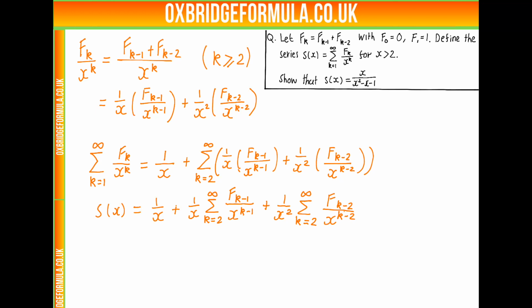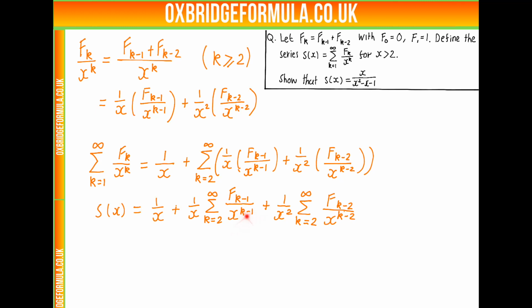Indeed, we'll replace this by S(x). So we have 1 over x, plus 1 over x times the sum from k equals 2 to infinity of f_{k-1} over x to the k minus 1, plus 1 over x squared times the sum of f_{k-2} over x to the k minus 2. Now you'll notice that the first sum is just S(x), because summing k minus 1 from 2 to infinity is the same as summing k from 1 to infinity.